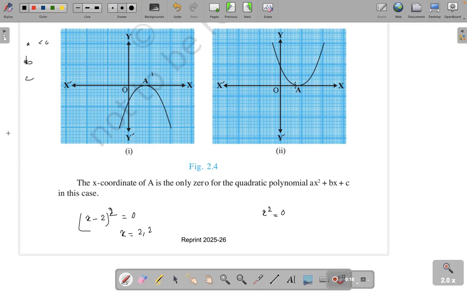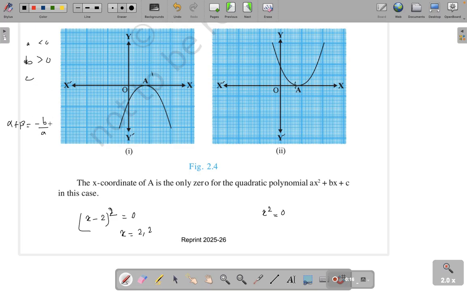So alpha is positive, so beta is also positive, right? So alpha plus beta is minus b upon a. So b should be negative. But a is also negative, right? So b is positive.